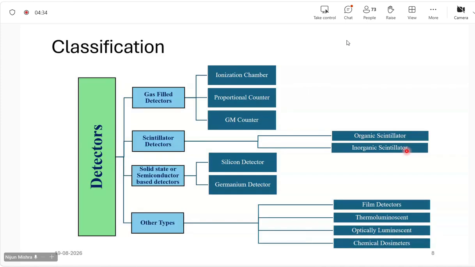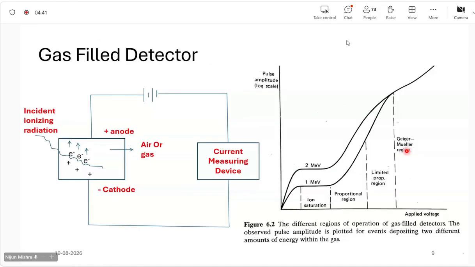So starting with the gas filled detector. What happens in this type of detector? See, this is my detector volume. When ionizing radiation enters the detection volume, it creates ionization, meaning positively charged ions and electrons. So we apply a bias voltage like this.